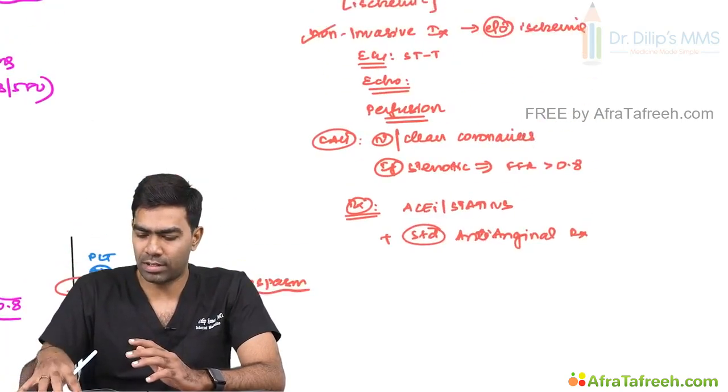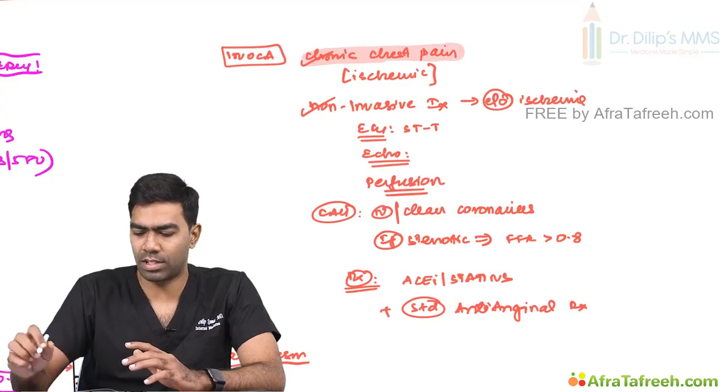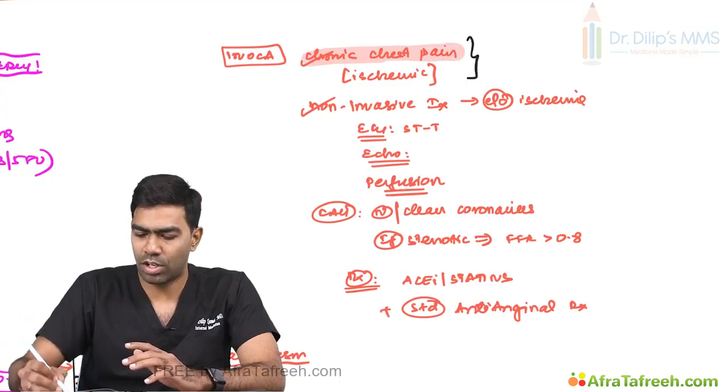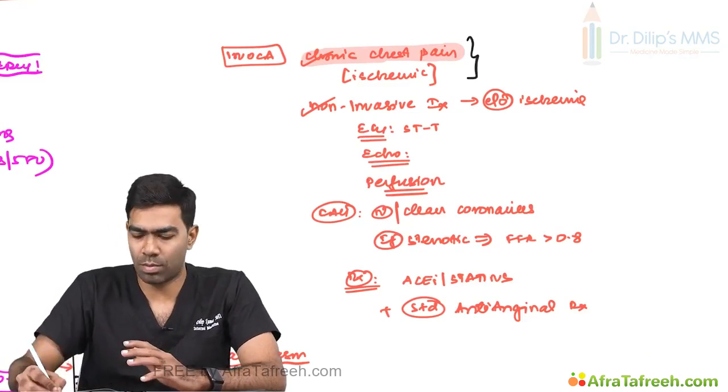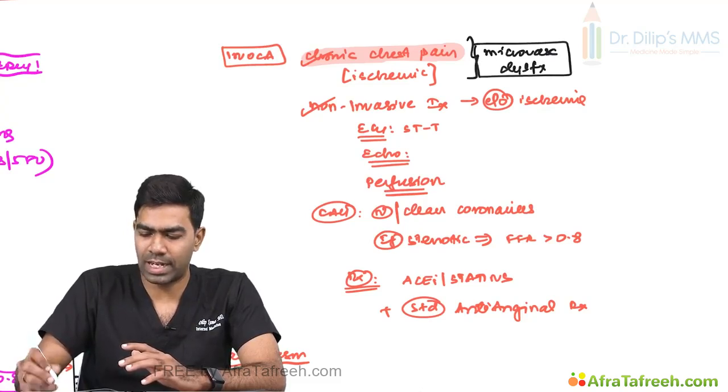And remember the fact, this chronic chest pain that typically happens during exertion is not due to an epicardial coronary vessel problem. In the setting of INOCA, it is due to microvascular dysfunction. So what do you mean by that? So what exactly happens there?